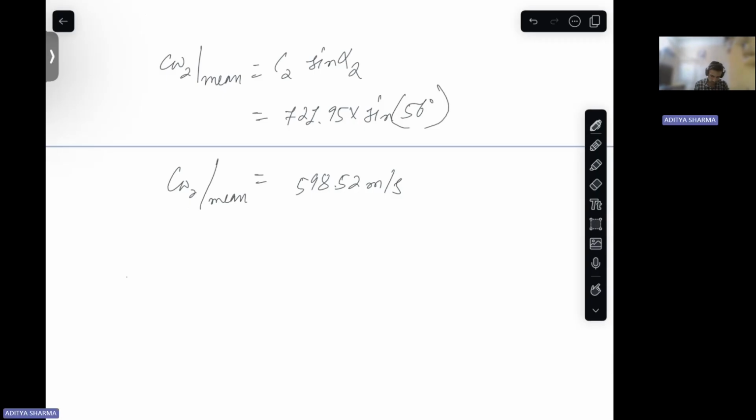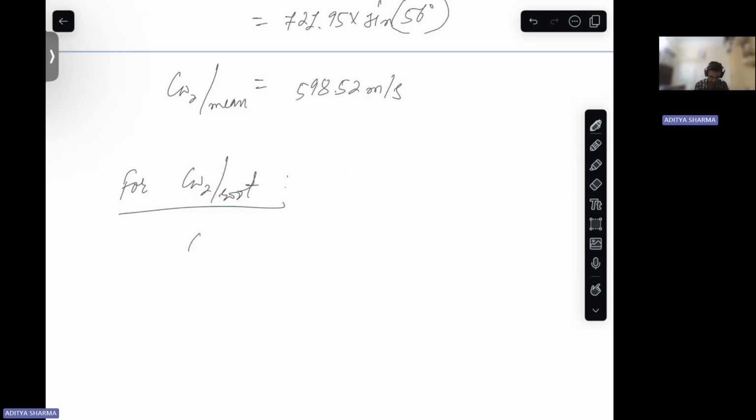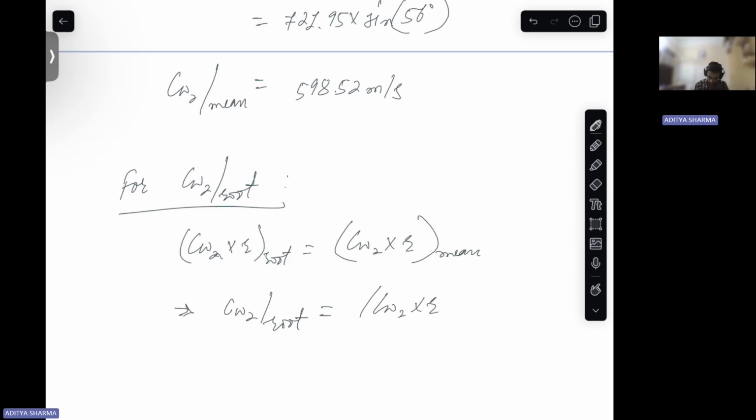Then for CW2 root, we will use this. CW2 into R of root is equal to CW2 into R of mean. Okay, implies CW2 of root is equal to CW2 R of mean by R of root.